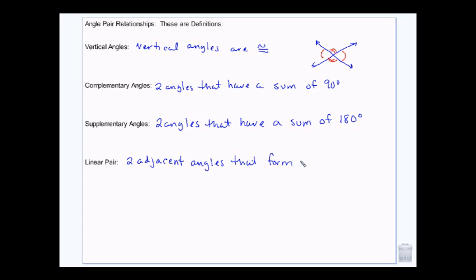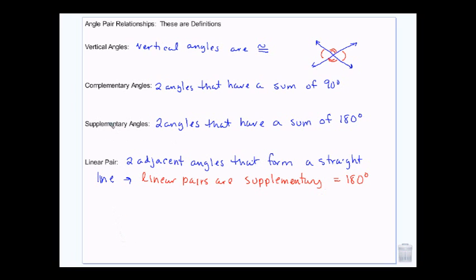Which we just already kind of talked about, right? A linear pair are two adjacent angles that form a straight line. Linear pairs are supplementary, so they also equal 180 degrees.